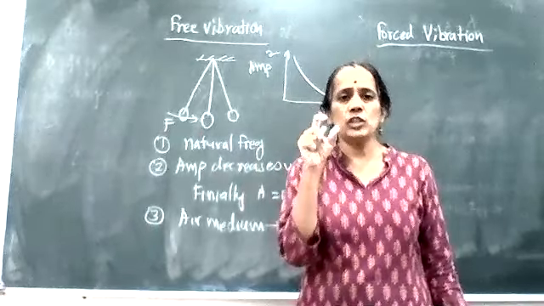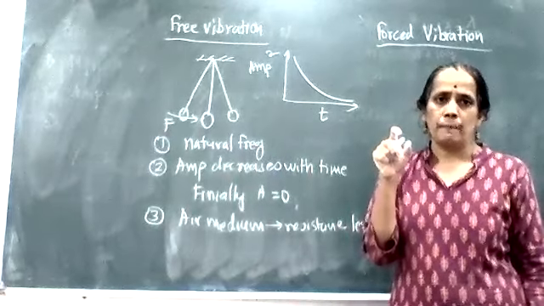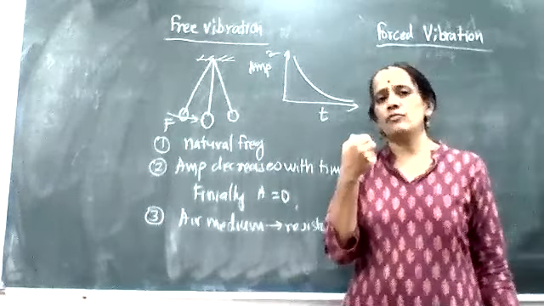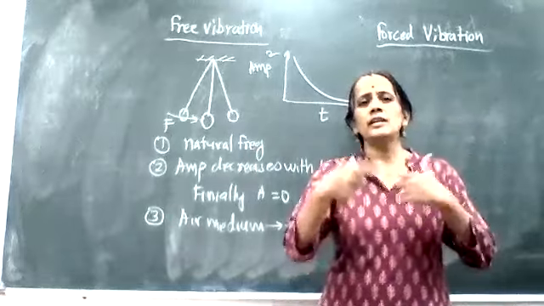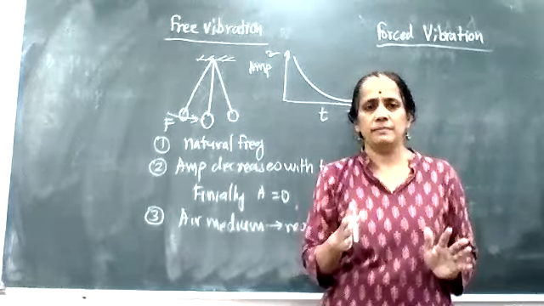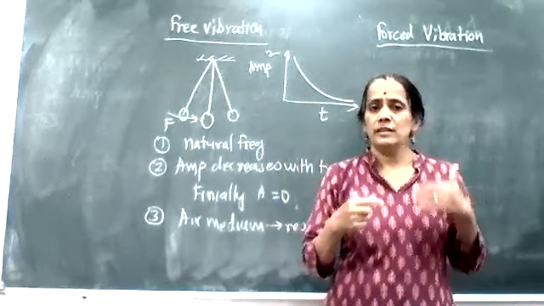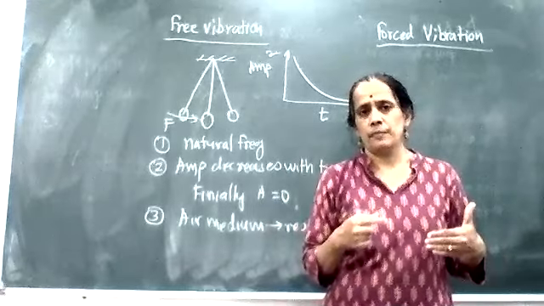So the drilling machine's vibration is nothing but forced vibration. How does a drilling machine work? As soon as the current starts flowing, the drilling machine starts operating and continuously vibrates. When you switch off the current, only then will the drilling machine come to rest.